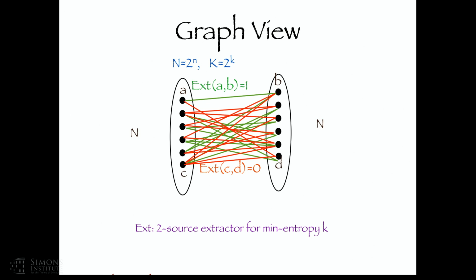All the edges on which the extractor outputs 0 red. And the guarantee is that if you look at 2 power k vertices on the left, 2 power k vertices on the right, then roughly there are equal number of red edges and green edges. That's directly from the extractor property. And this gives you a bipartite Ramsey graph.